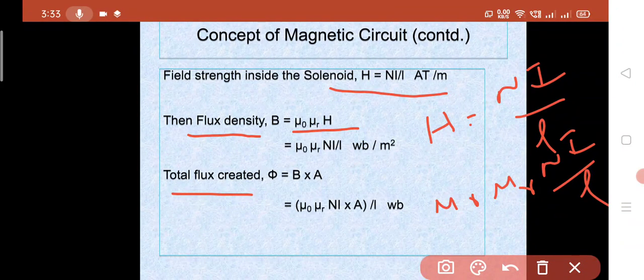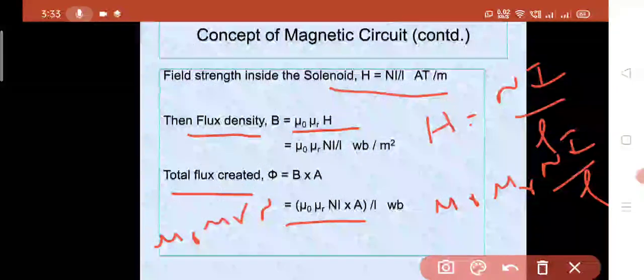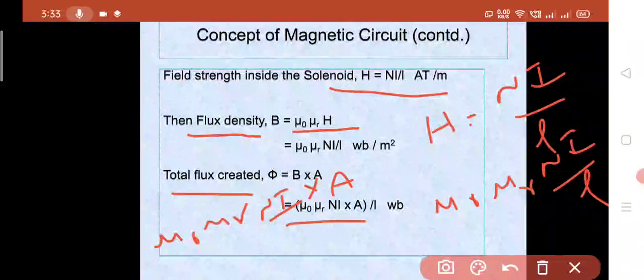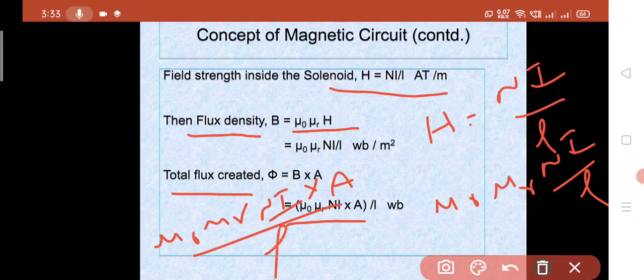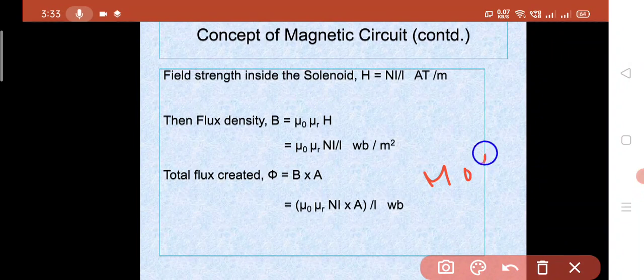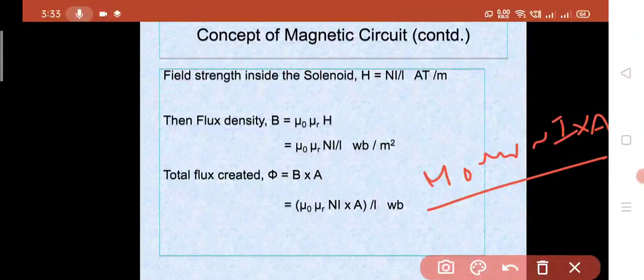The total flux created phi is equal to B into A. So B is equal to mu naught mu r NI by L, into A, Weber per meter square. So phi equals mu naught mu r NI into A by L.